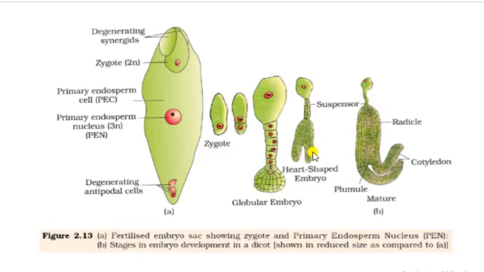The cotyledons further develop and mature, giving rise to the mature embryo, where both cotyledons have developed well, and the plumule is present above the embryonal axis and the radicle below it. So the portion above is known as epicotyl, whereas the portion below is known as hypocotyl. The epicotyl will terminate into the plumule, and the hypocotyl will terminate into the radicle and root tip, which is further covered by a root cap.